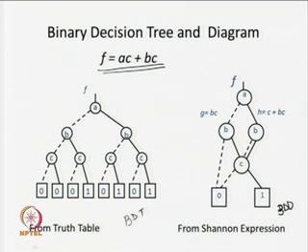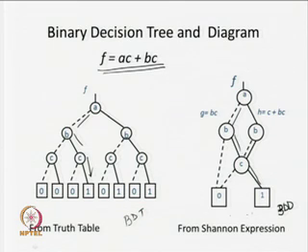Both these diagrams represent the same Boolean function, because you can traverse the graph and find the valuation of the function. Say if A equal to 0, B equal to 1, C equal to 1, the functional value is 1. From both diagrams we can see this. So, here we have the BDT and the BDD, but both are representing the same function.